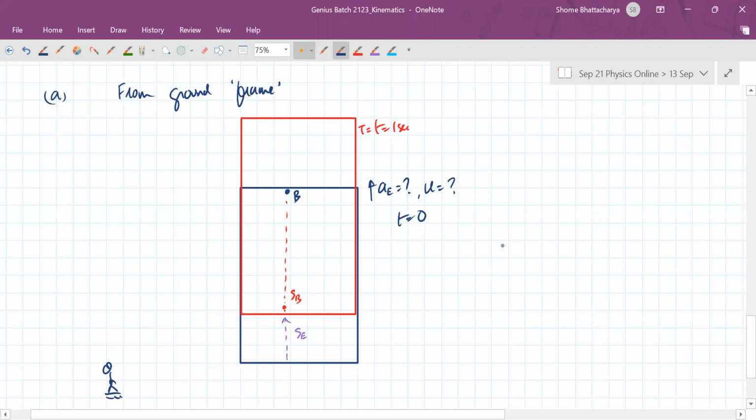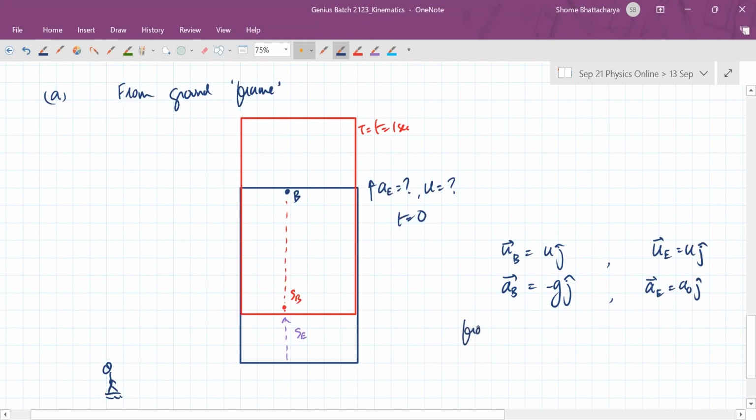The initial velocity of the bolt in the ground frame is u j cap, which we don't know. Okay. But the acceleration of the bolt is minus g j cap. And the initial velocity of the elevator is the same thing, but unknown, let's say. You can also substitute the value given in the second part, but you'll see it's not necessary actually. Acceleration of the elevator is a naught j cap.